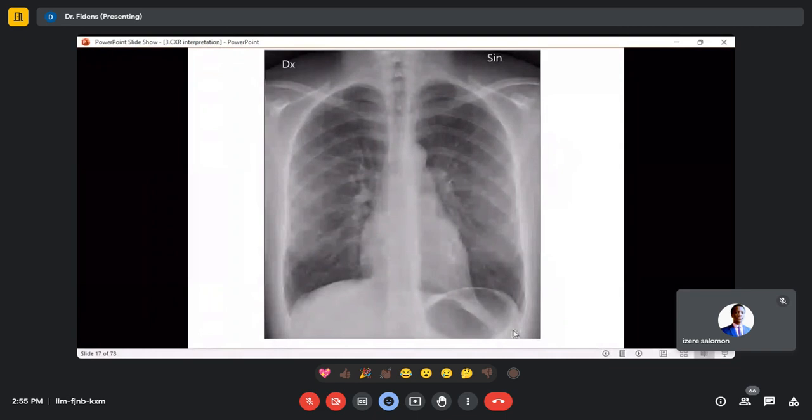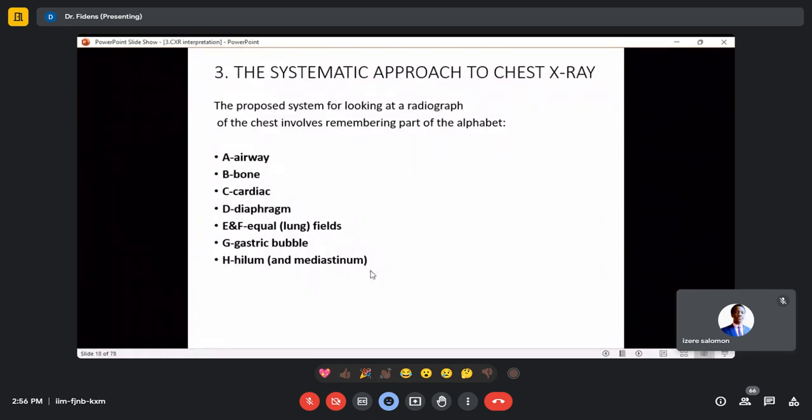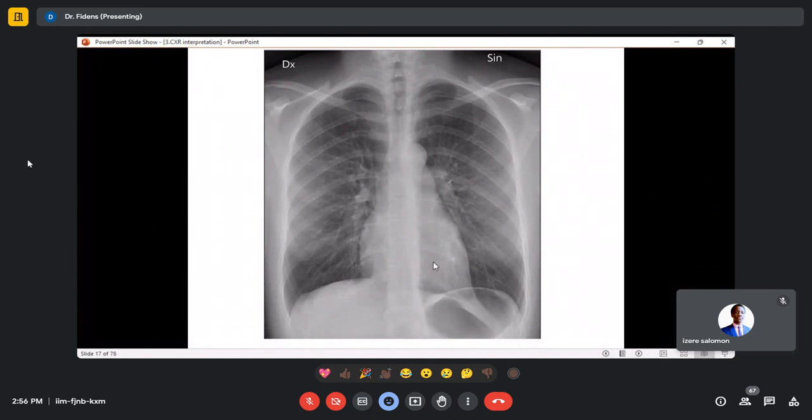I can see they didn't cut any important part of the chest from up, down, and laterally. There is no rotation, there is deep inspiration. It is a PA chest radiograph. It is interpretable. I can still go on and interpret.